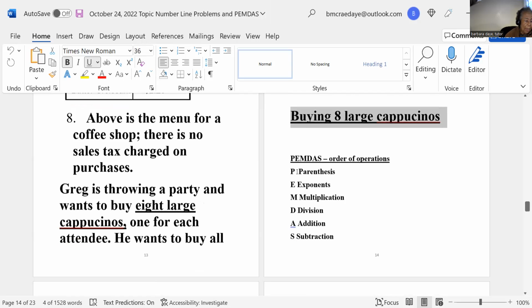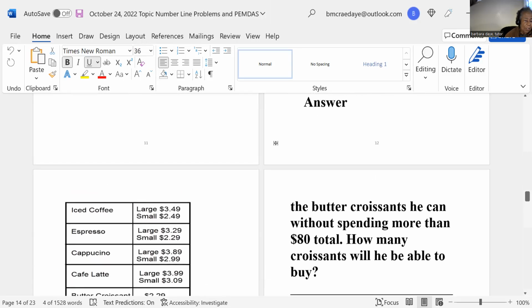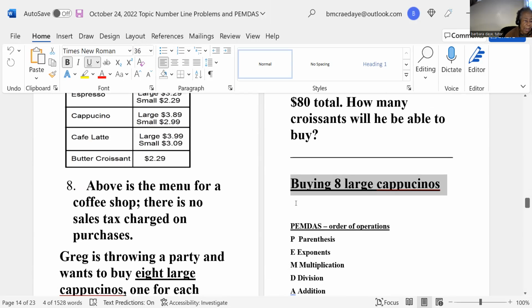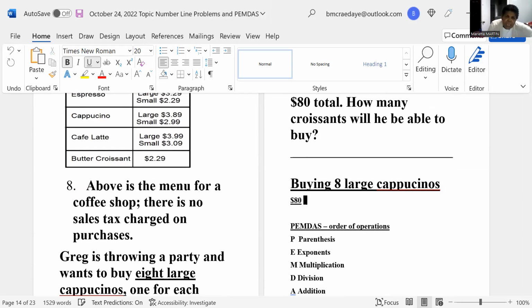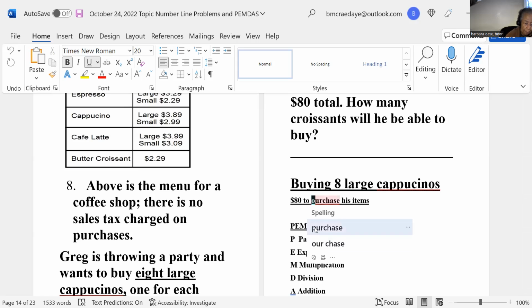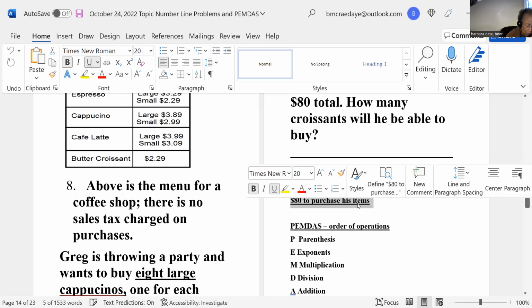And how much does he have to spend? He has $80. And the cappuccino costs how much? So you've got $80 to spend. You're going to need that $80 total.